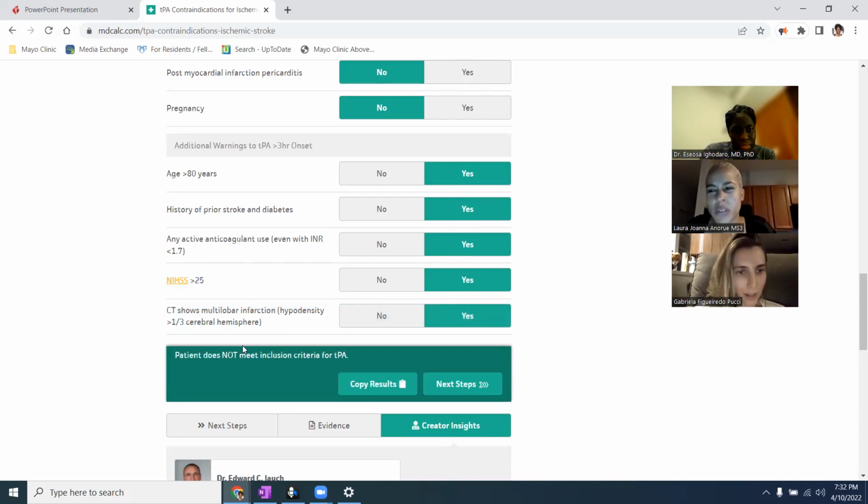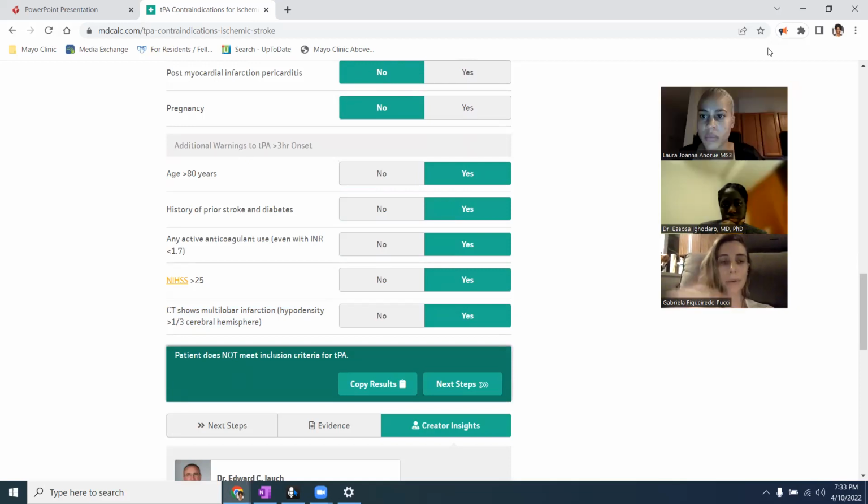But that makes sense. We also have to pay attention to the NIH Stroke Scale because for people who have a stroke in the left hemisphere, if they are aphasic, the NIH stroke scale is going to be bigger. On the right side, they will have neglect but they will understand everything. But on the left side, the person had a stroke that made them aphasic, and the number will be higher because the person won't be able to comprehend some of the tasks.